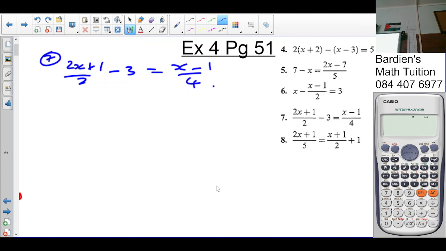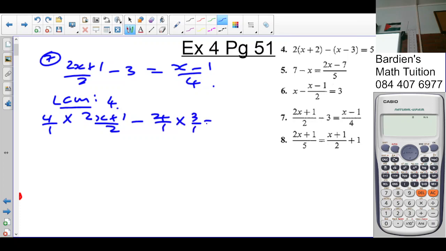Right, who asked for 7? What's your LCM? 4. Right, carry on. 4 over 1 times 2x plus 1 over 2 minus 3 times 4 equals x minus 1 over 4.